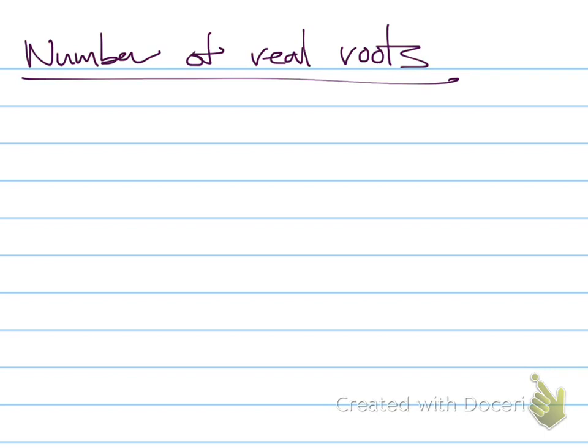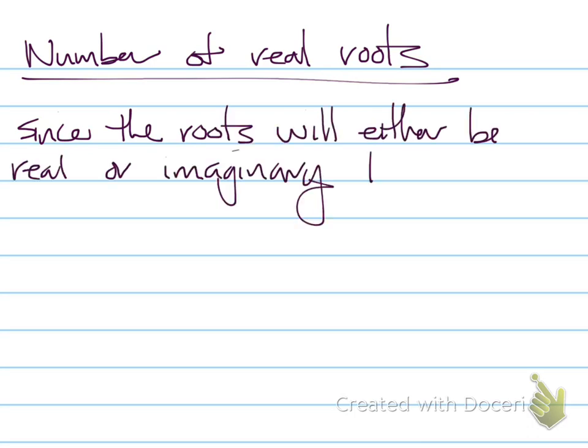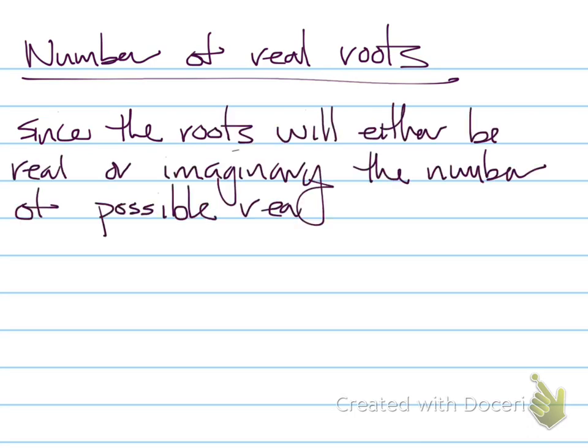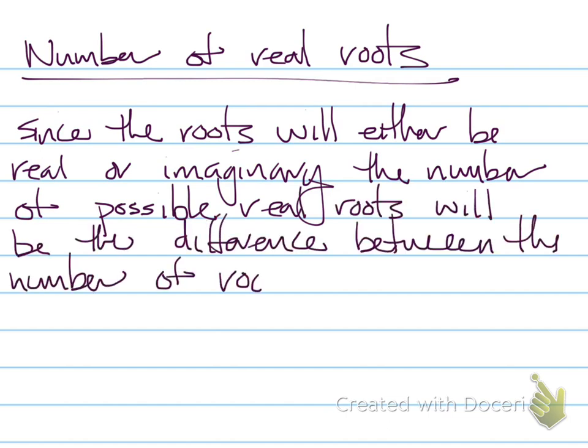And roots are either going to be imaginary or real. Those are the two possibilities. So to find the number of real roots, we just subtract the possible number of imaginary roots from the degree.